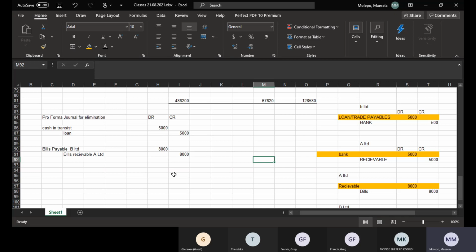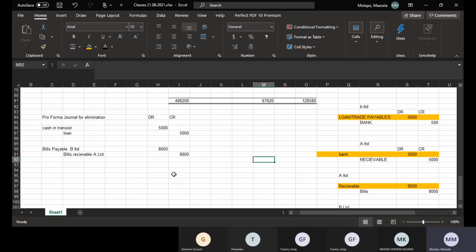So it means the 2,000 of the discount needs to be added to our current liabilities, because in the end it needs to be paid to the outside public. It's no longer going to be within, because he declared the bills of 10,000, but he gives the discount of 2,000, and then I pay the 8,000 back to him. So the 2,000 means he needs to get it from outside.